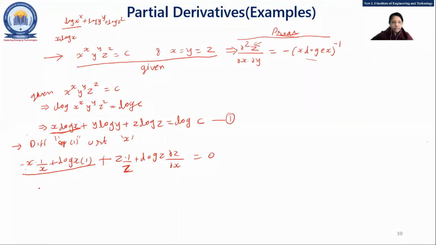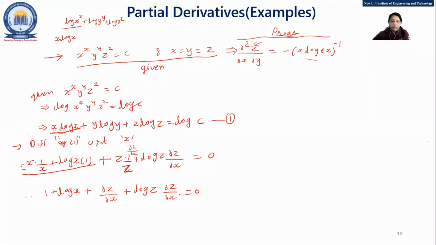Therefore it is 1 plus log x, plus z into 1 upon z, which is del z by del x, plus log z into del z by del x, equal to 0.